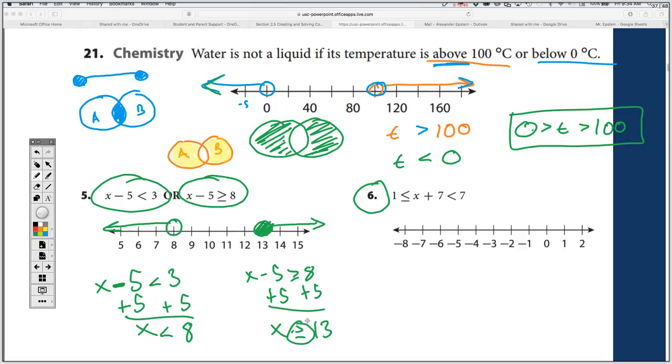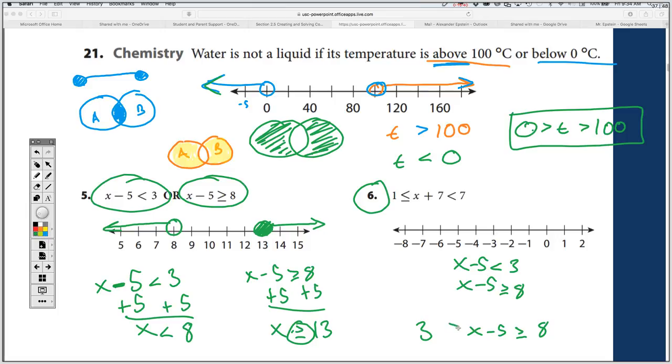Now, before we move on to this one, I want to show you that you could have written these two inequalities as one. So you would have x minus 5 in the middle. And then what's bigger, 3 or 8? 8. So you'd have 8 on the right side, and 3 would go on the left. It needs to still point towards x minus 5.